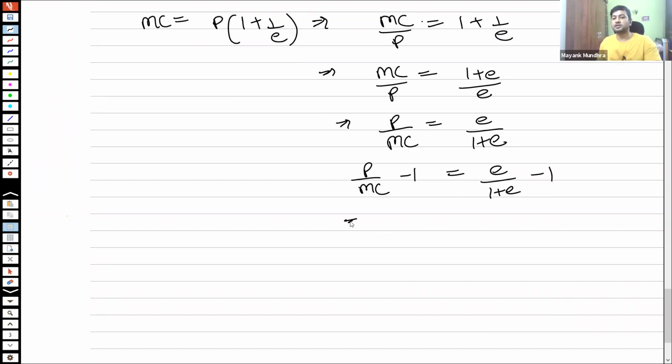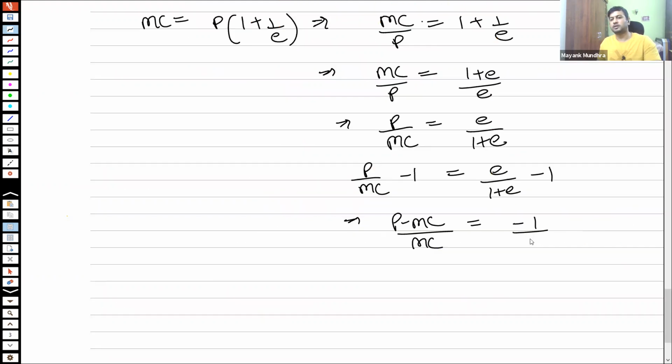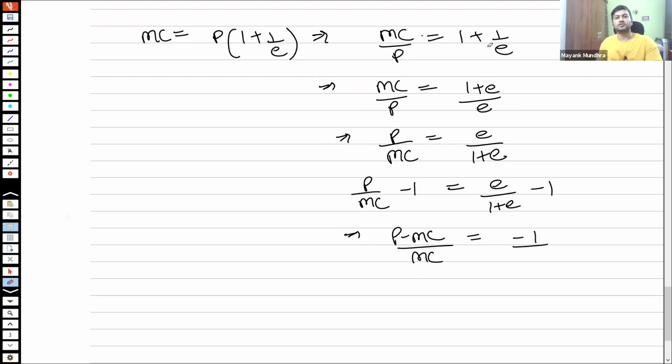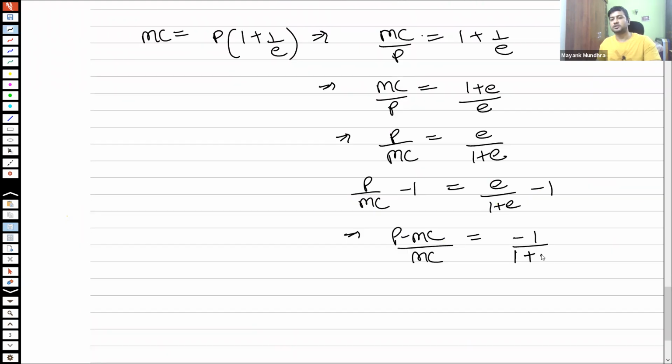So what that gives me is P minus MC upon MC must be equal to minus 1 upon 1 plus E.